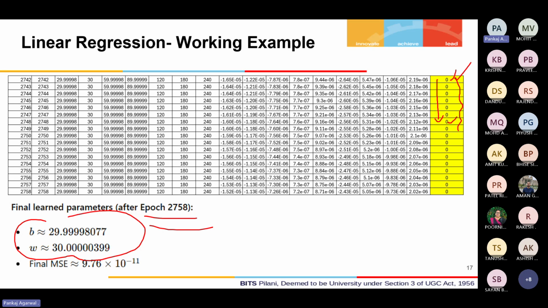From there you can plug into the formula mx + b, putting in the values we learned: w becomes m over here, and b becomes this. Ultimately you get an equation, and on the basis of that equation, you can very easily solve the linear regression problem.